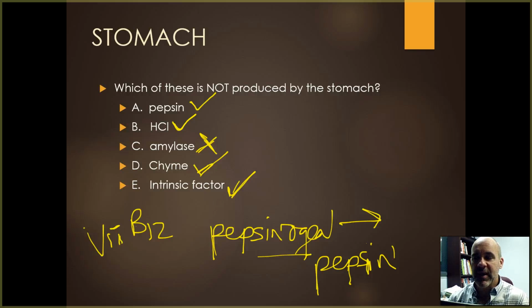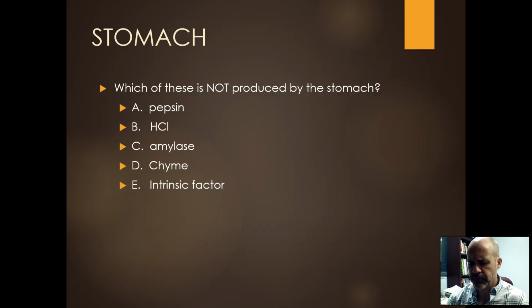So if the stomach is not producing intrinsic factor properly, you can't absorb vitamin B12 adequately through the wall of the small intestine, and you need vitamin B12 for cell division. So it has a big impact on your bone marrow where your blood cells are made, and people who have this problem can wind up with a type of anemia called pernicious anemia. A little bit of review from Unit 2 there.